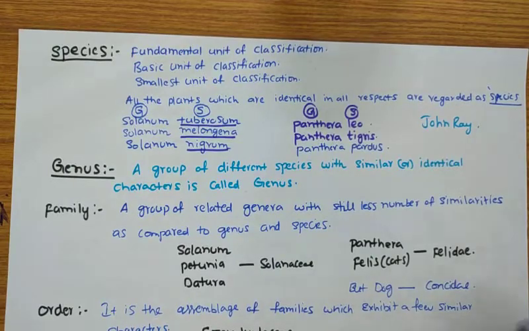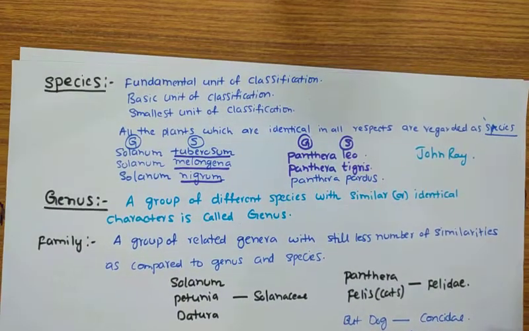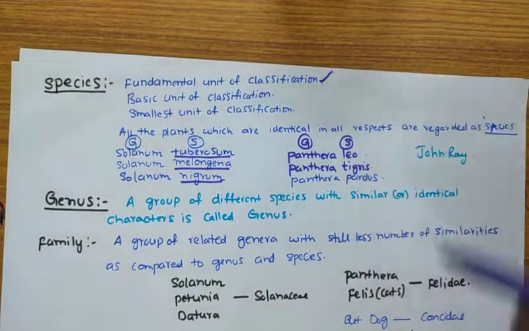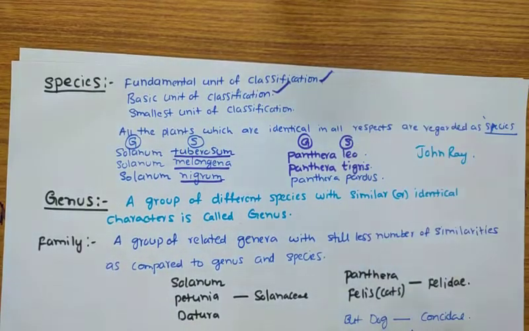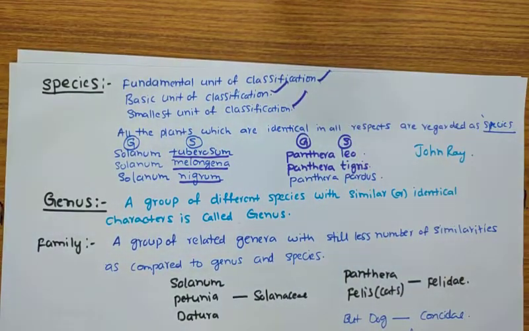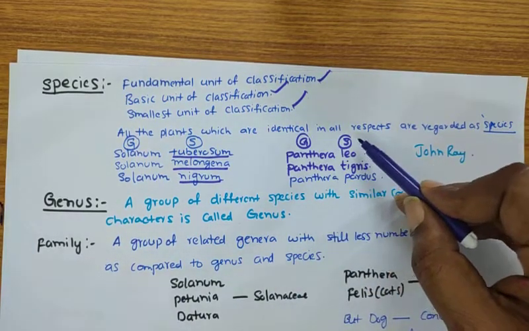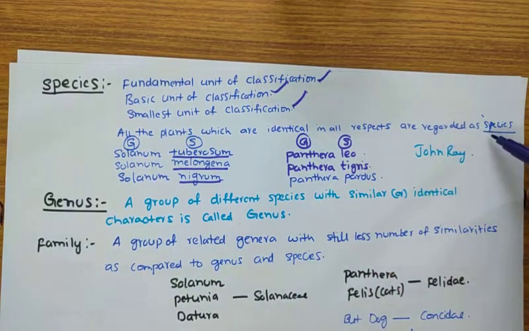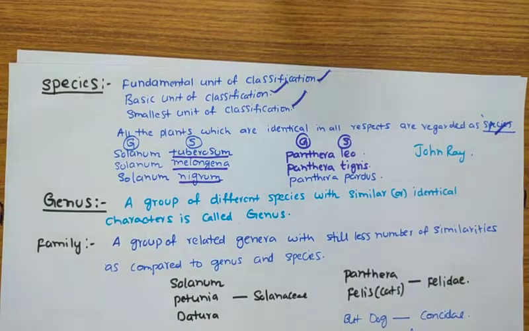Then, one by one, we are discussing species, the fundamental unit of classification. It is the basic and smallest unit of classification. So what is the meaning of species? All the plants which are identical in all respects are regarded as a species.